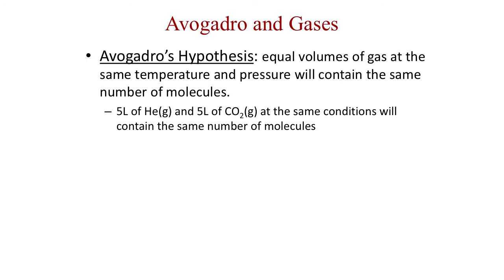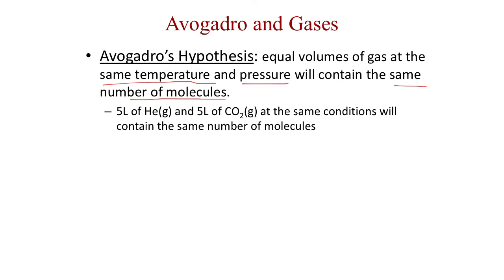Okay, so first thing we got today is Avogadro's hypothesis, and what that says is equal volumes of gases, as long as they are at the same temperature and pressure, will contain the same number of molecules and the same number of moles.